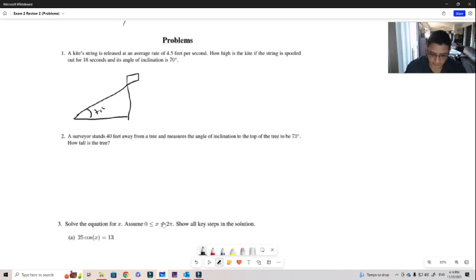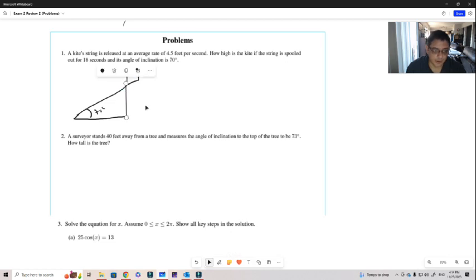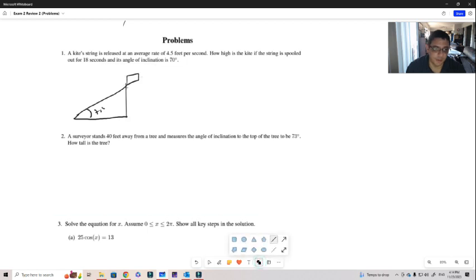Once we have this triangle, we can obtain information on how the height is going to be.